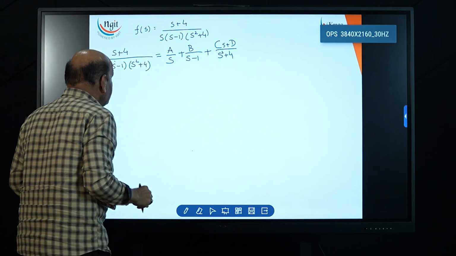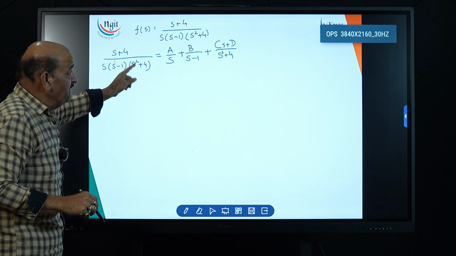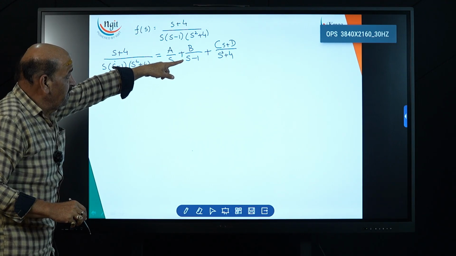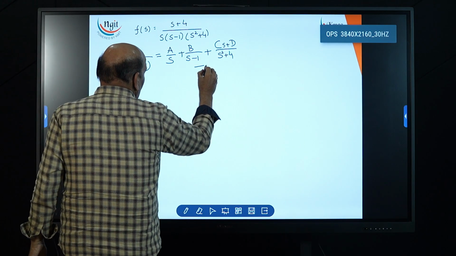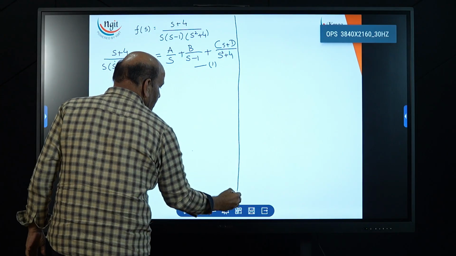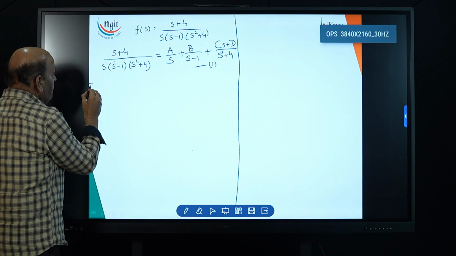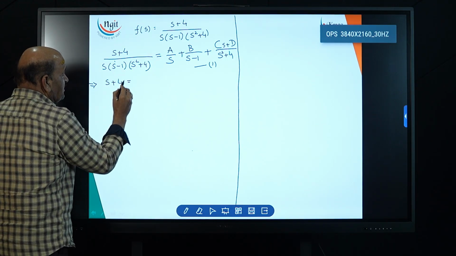These two are linear, and this one is of quadratic nature. In the quadratic case, one more s variable, cs plus d, should come. Let this equation be 1. Now for this you have to find the LCM of the entire fraction.